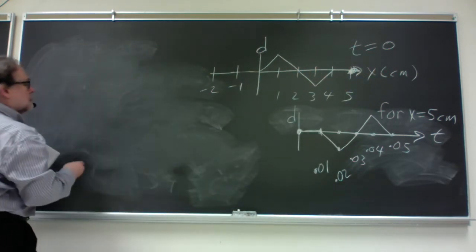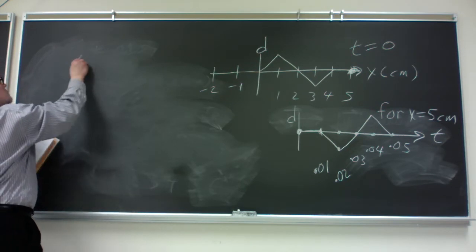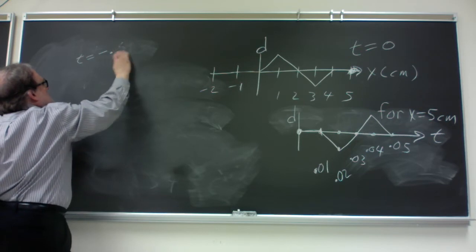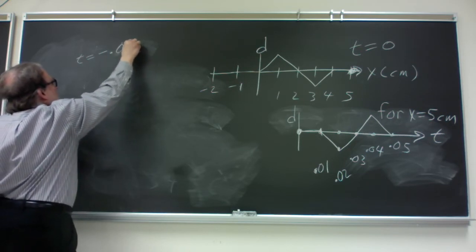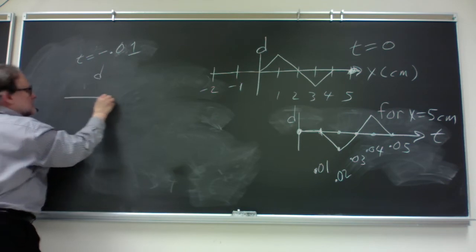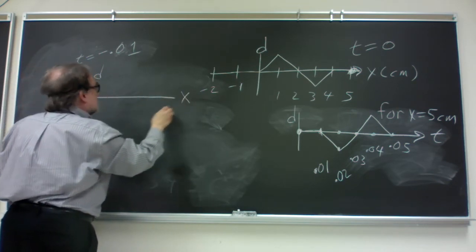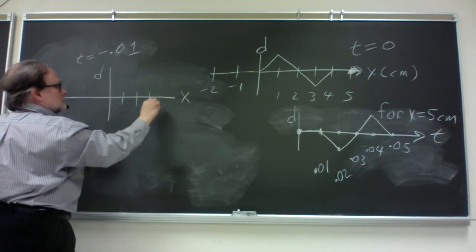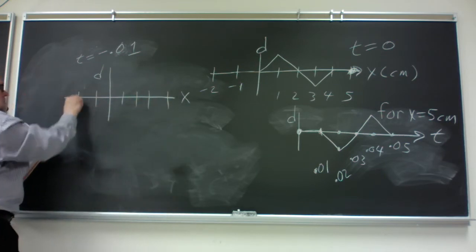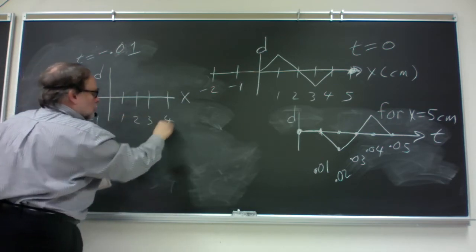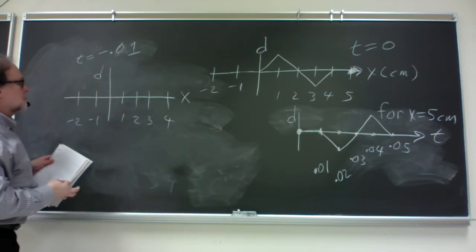For example, at negative 1/100th of a second, the displacement versus position snapshot graph would look like this.